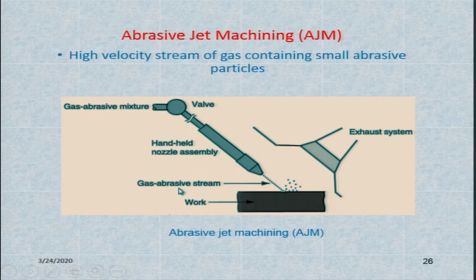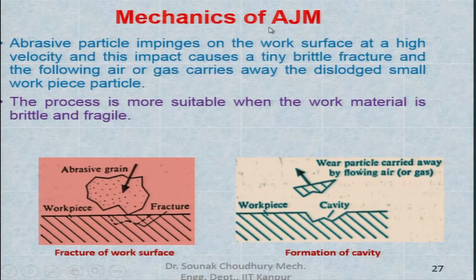Now, this is the gas abrasive stream, and the work material together with the abrasive material goes through the exhaust system. Mechanics of abrasive jet machining: this is a brittle fracture. The abrasive particle impinges on the work surface at a high velocity, and this impact causes a tiny brittle fracture.